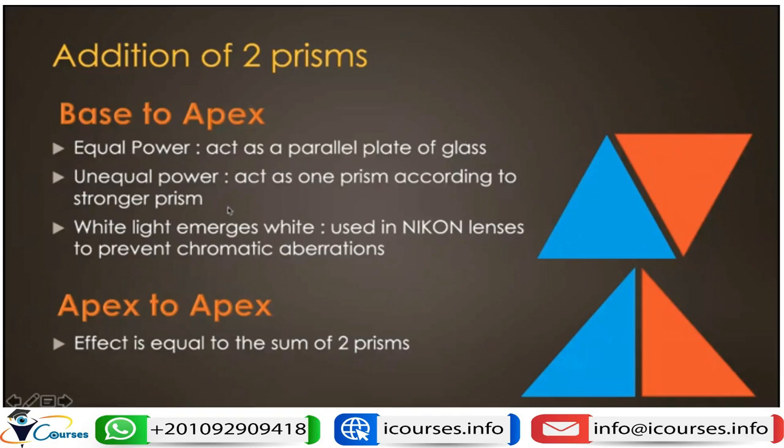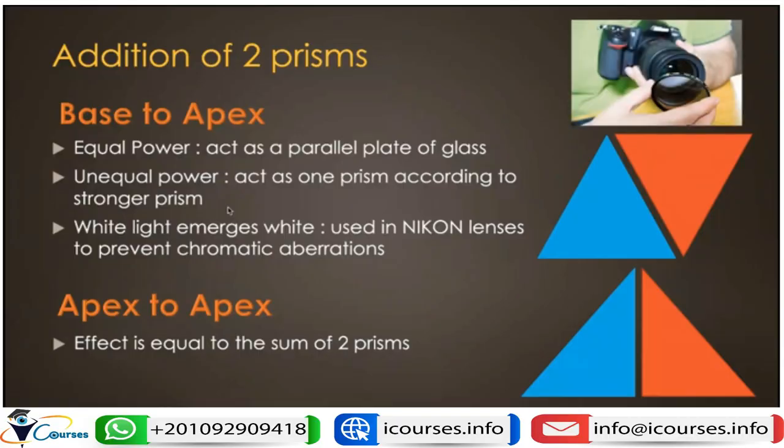This combination of prisms is important in refraction in case of using lenses, or what are called doublet lenses. When we talk about chromatic aberrations, we will say that when light enters the prism, it will undergo dispersion. This dispersion is called chromatic aberration, and it is responsible for chromatic aberrations of the lenses.